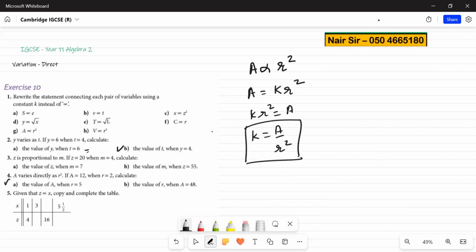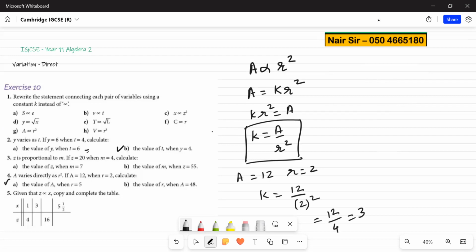Now substitute the value. I've been given A is equal to 12, r is equal to 2. So k is equal to 12 upon r square. R square will be 2 the square. So what will I get? This will be equal to 12 upon 4.